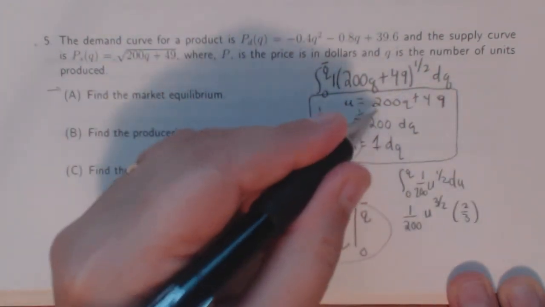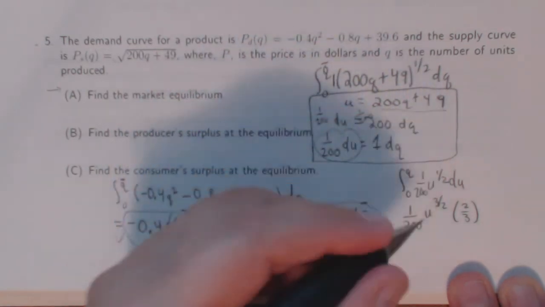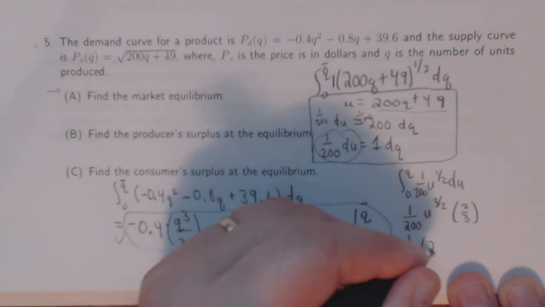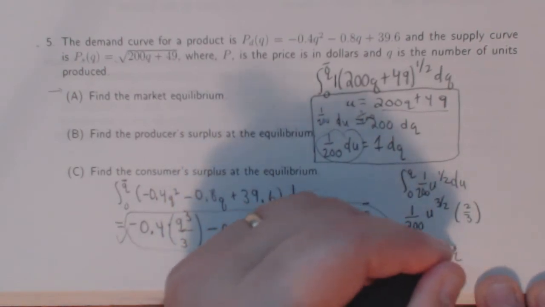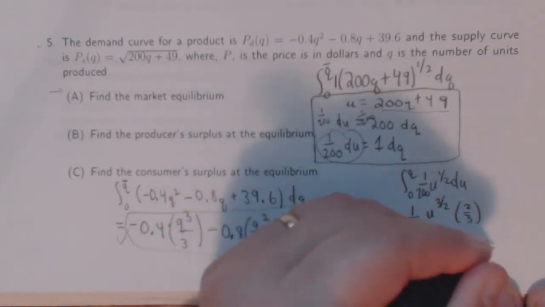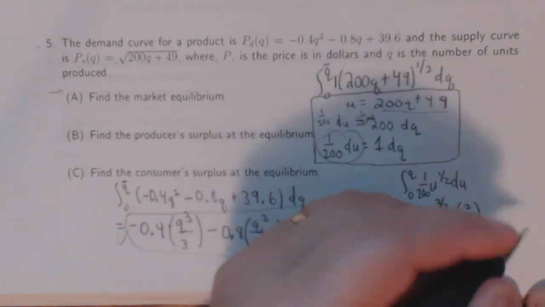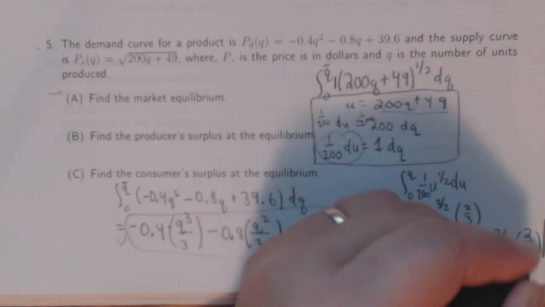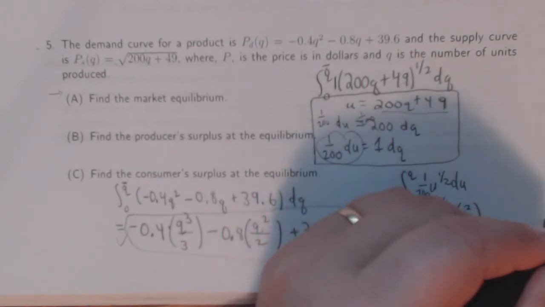Well, if I substitute the expression I put in for u, I'll have 1 over 200 times 200q plus 49 to the 3/2, times 2/3. And I'm going to evaluate that from 0 to q bar.